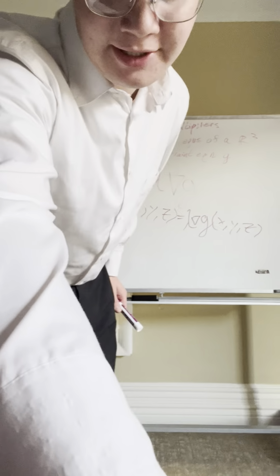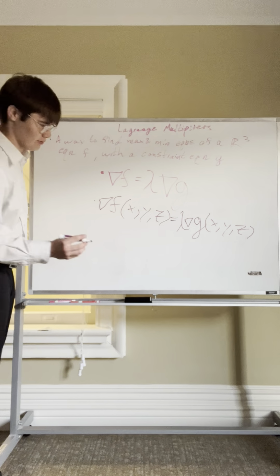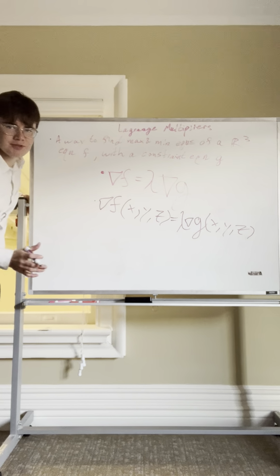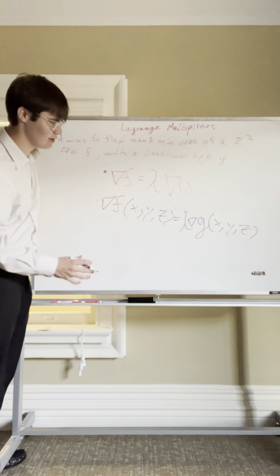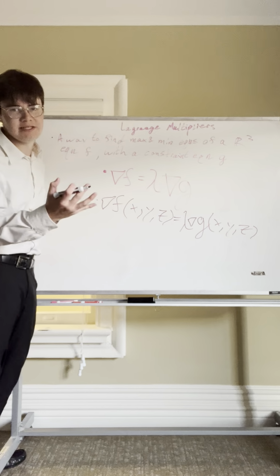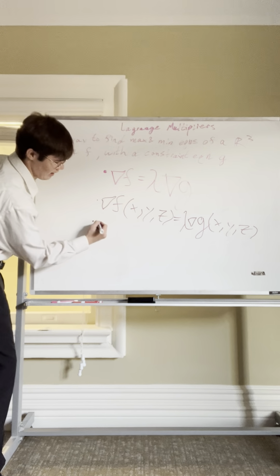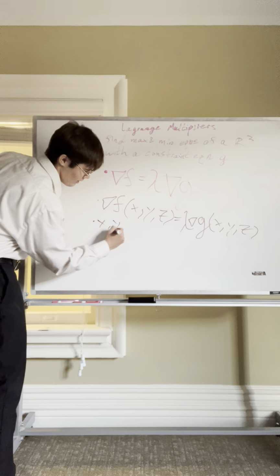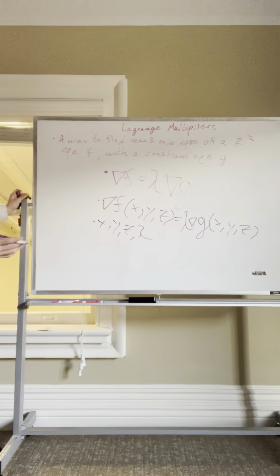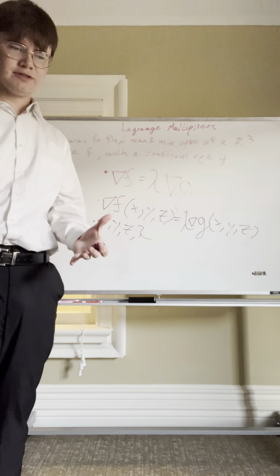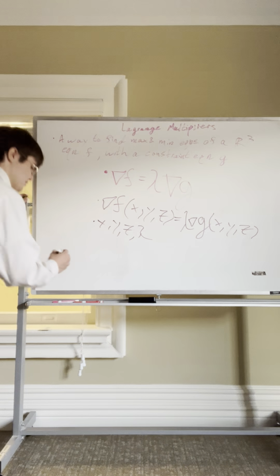Wait, actually I just realized, another thing that's important are these equations. When you're going to find the extreme values of your function f, the unknown variables that you're going to have are x, y, z, and lambda. To find the values of these variables, you're going to use these.